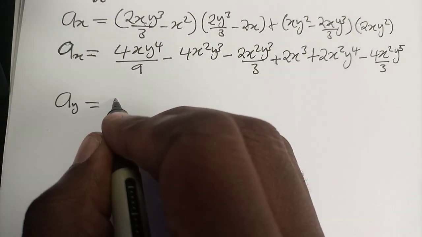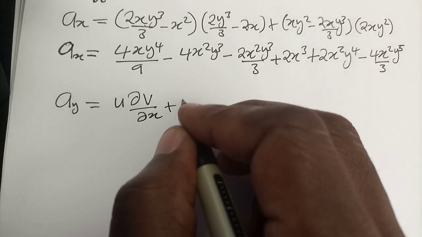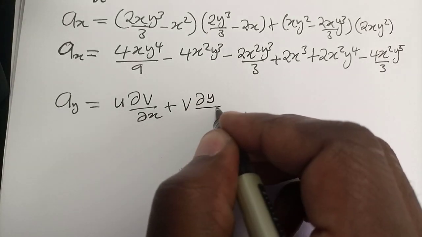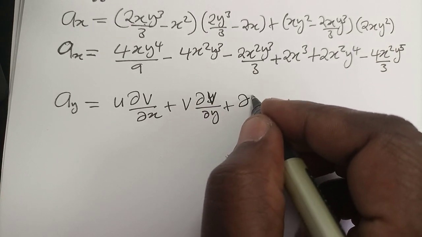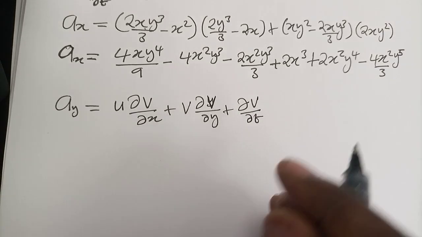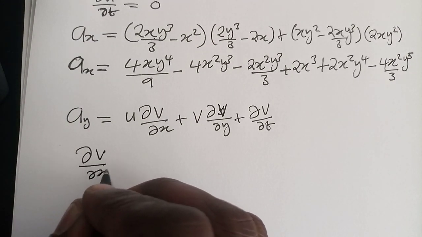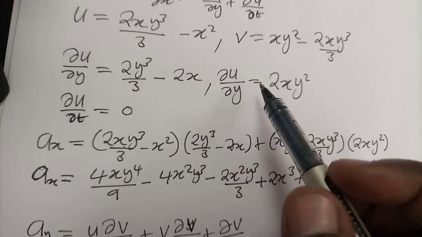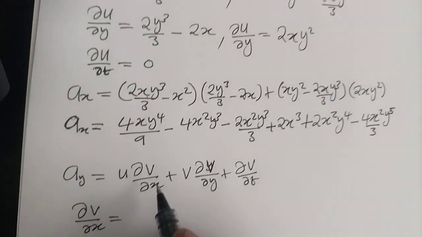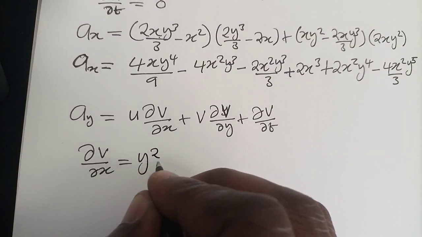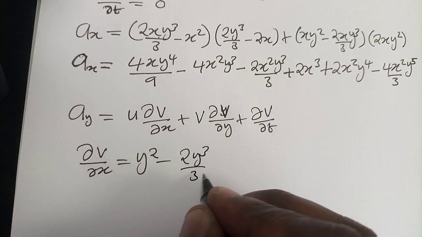This is given by u times the partial of v with respect to x, plus v times the partial of v with respect to y, plus the partial of v with respect to t. So let's find v with respect to x. This is our v. Differentiate this with respect to x. The first part will just remain y squared minus 2y^3 over 3.